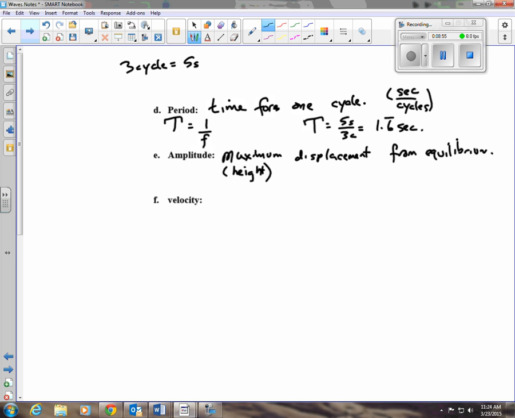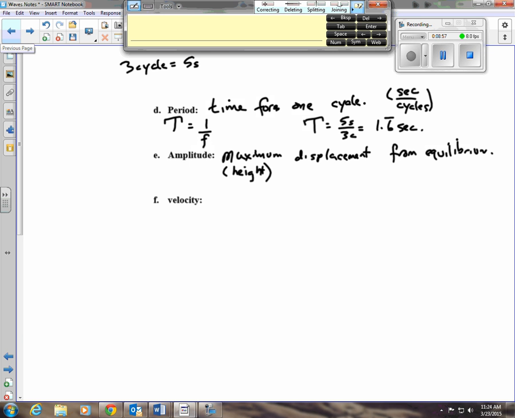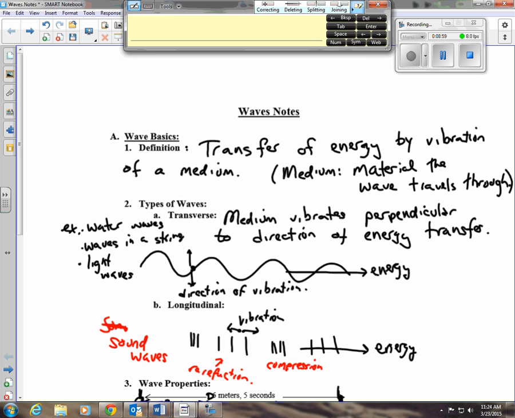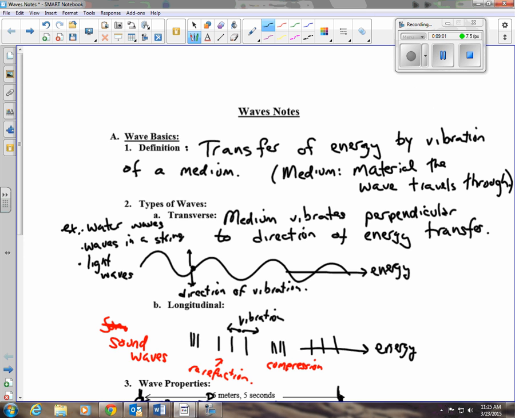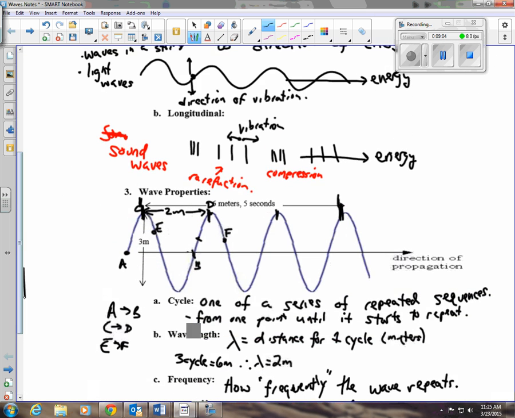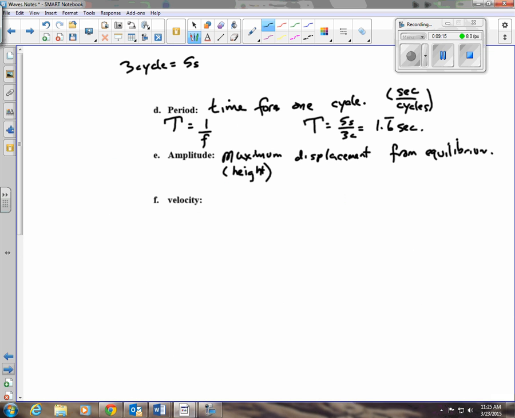So if I go back and take a look at our wave, here, okay, it was 3 meters from the top to the bottom. The equilibrium is right here. So it'd be 1.5 meters here, and that's going to be the amplitude. So we're going to say, for our example, the amplitude is equal to 1.5 meters.